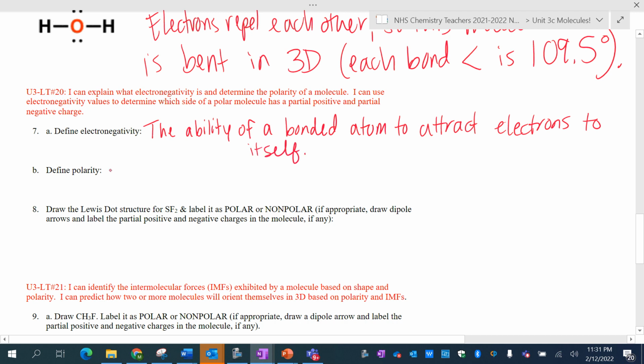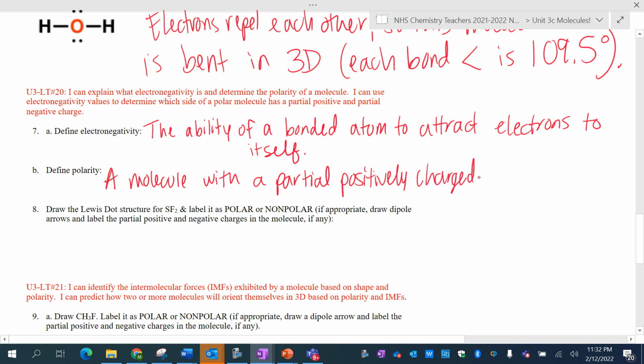And polarity is a molecule with a partial positively charged end and a partial negatively charged end.